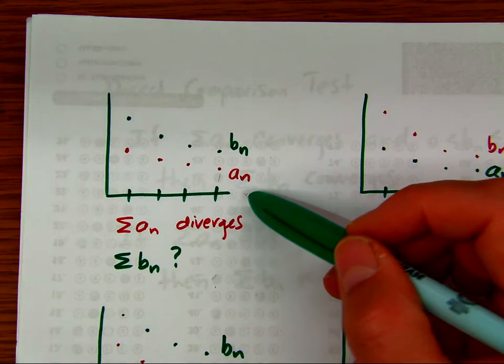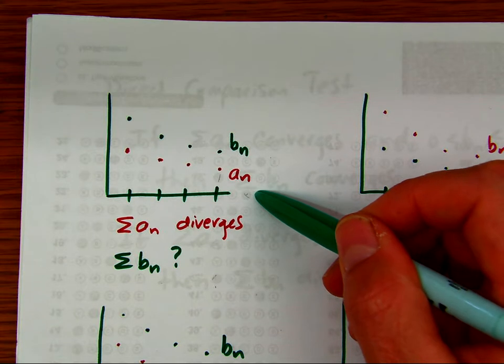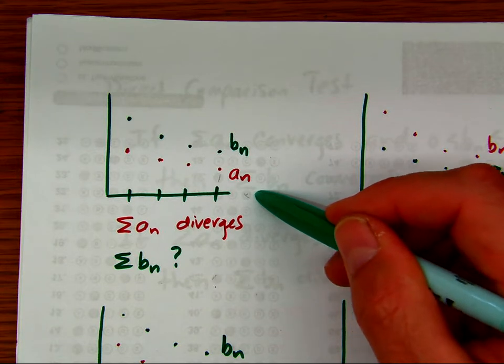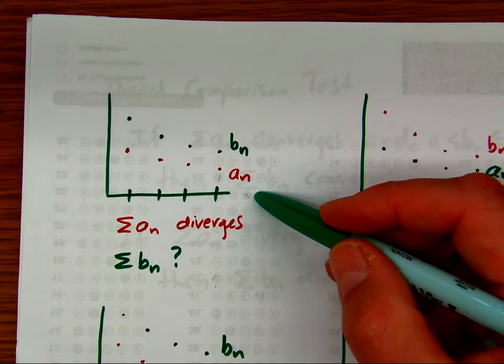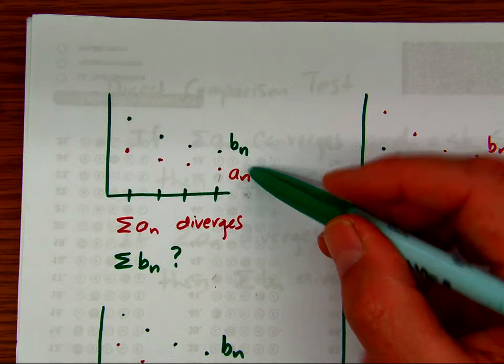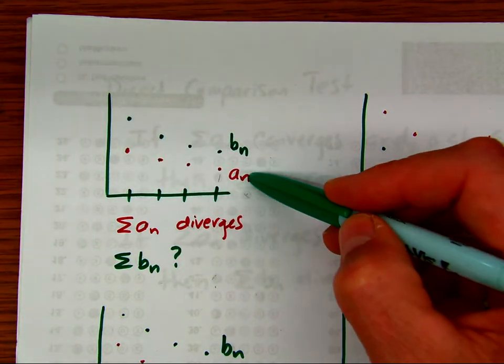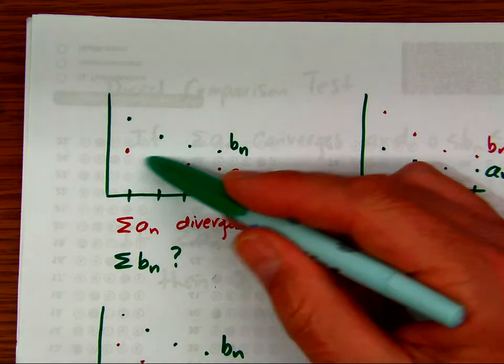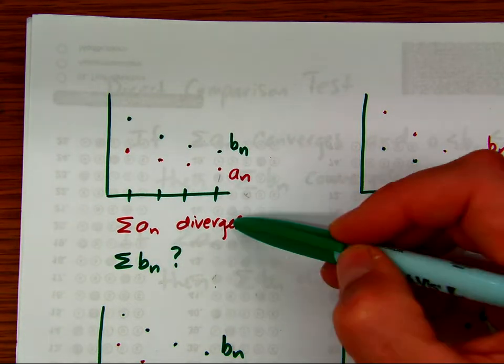Okay, so let's think about what the comparison test is doing. Just look at this graph, and we know that here are values of a_n, the sequence A, and we know that if we add all these values up, the series diverges.